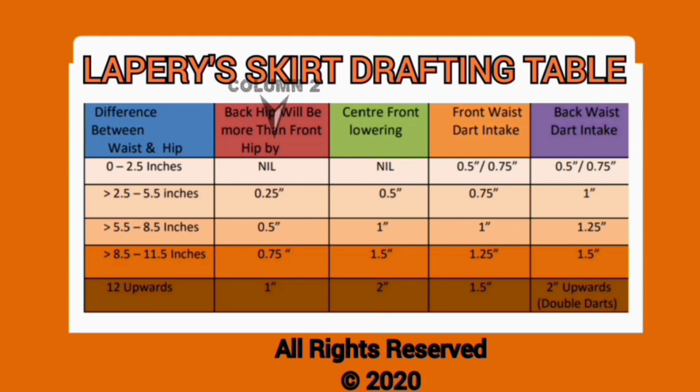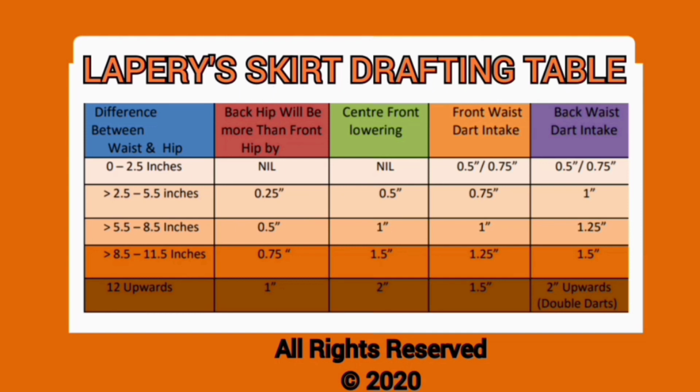Remember, the LAPERY'S skirt drafting method is based on a major premise, which is that we are not supposed to be dividing our hip measurement equally between the front piece and the back piece when we are drafting our skirt pattern. Many a time the back piece should take more because that is where the buttock is. So this second column guides us to knowing by what value the back piece of our skirts will be more than the front piece.